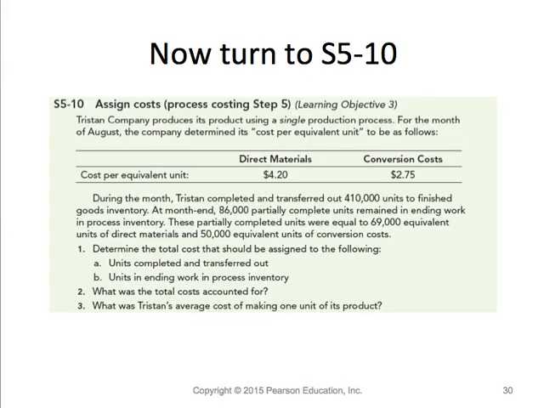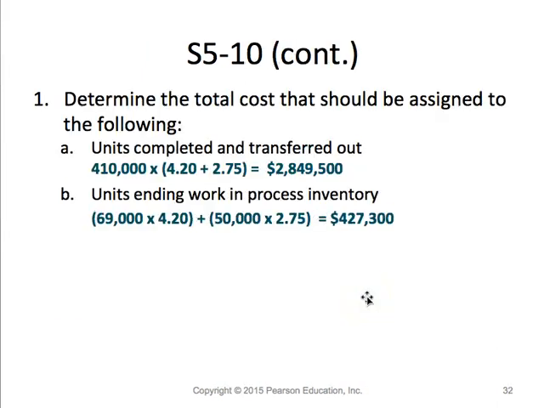And the next one is to determine units in work in process inventory. We have 86,000 remaining in ending work in process. Same thing here.